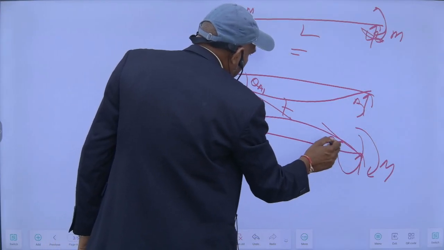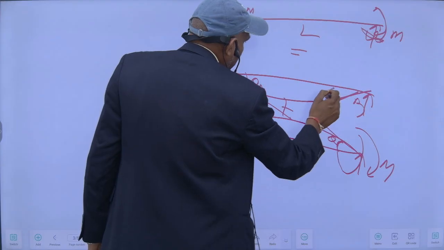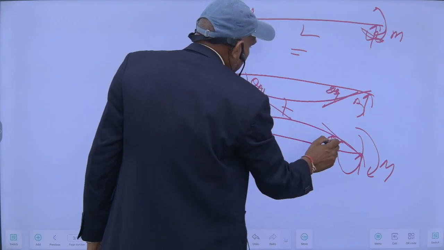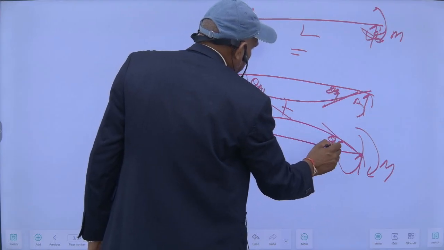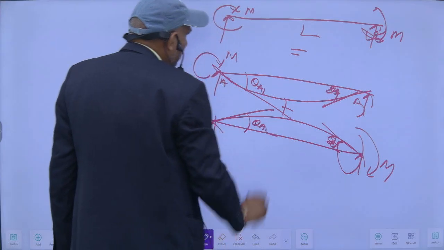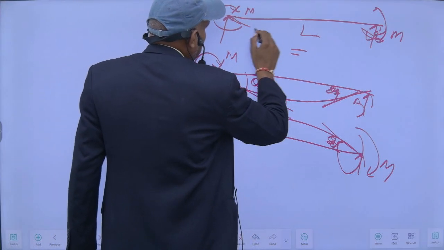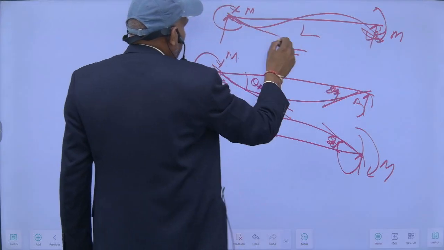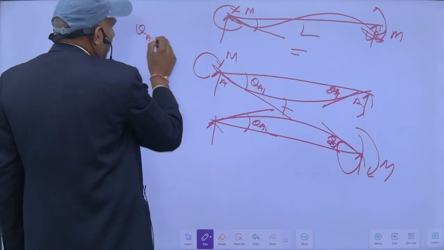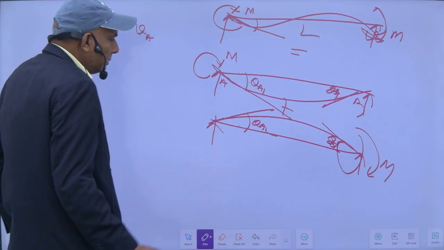This is theta B1, this is theta B2, this is theta A2. So my net rotation theta A will be equal to this minus this.